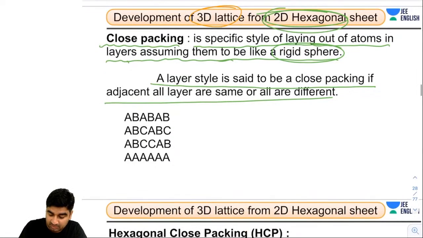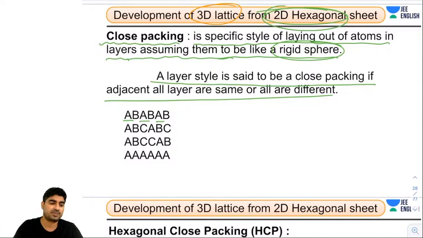So now tell me, is it a close packing? Just read the definition: it is a specific style of laying out atoms in layers, assuming them to be rigid spheres. Just tell me now.